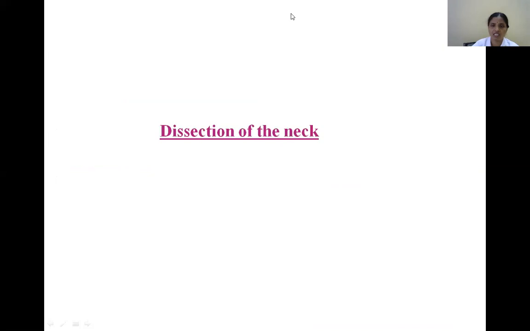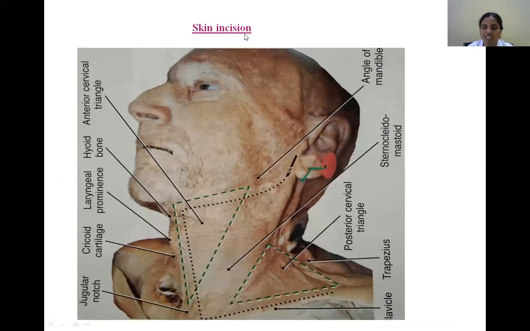Now the actual class, dissection of the neck. So what are the dissection measures we are taking here? Coming to the skin incision: to do the dissection of the neck, we should first give a skin incision. It's a midline incision that extends from the symphysis menti down to the suprasternal notch.